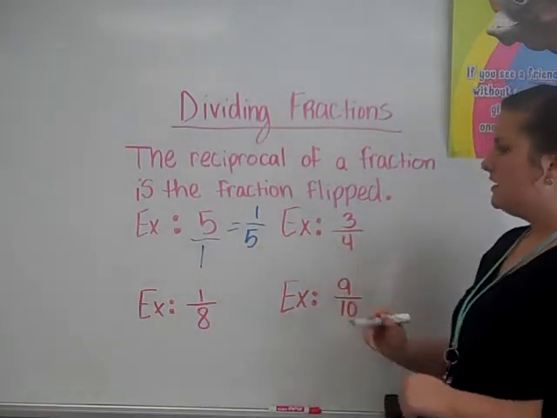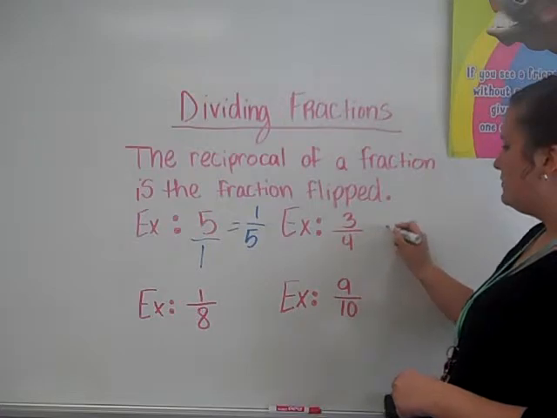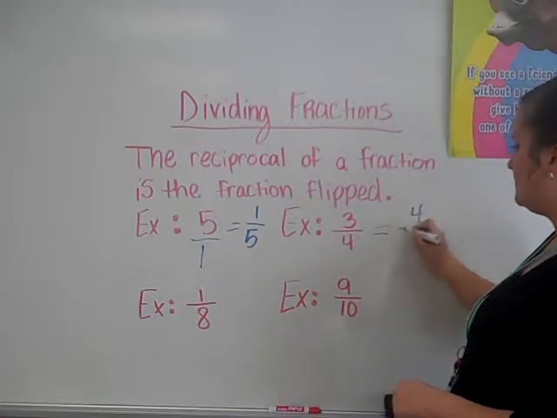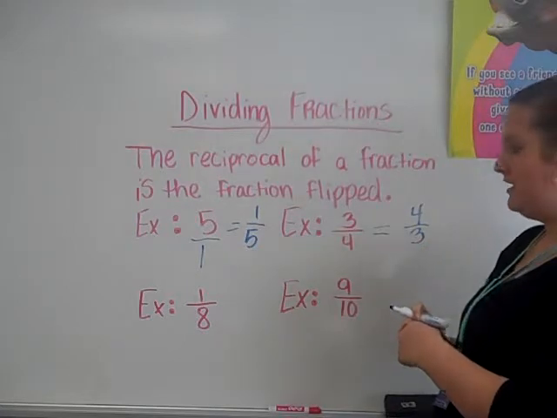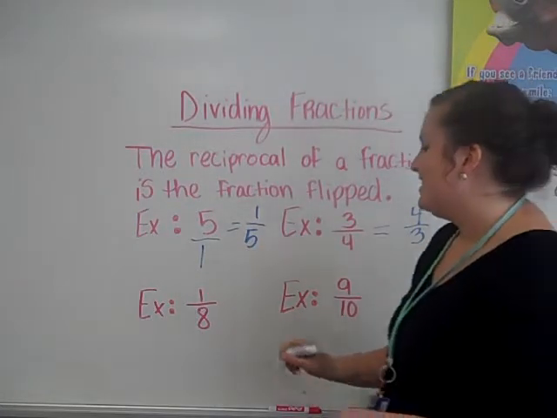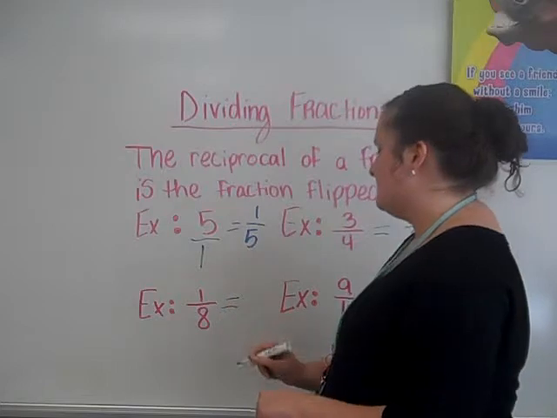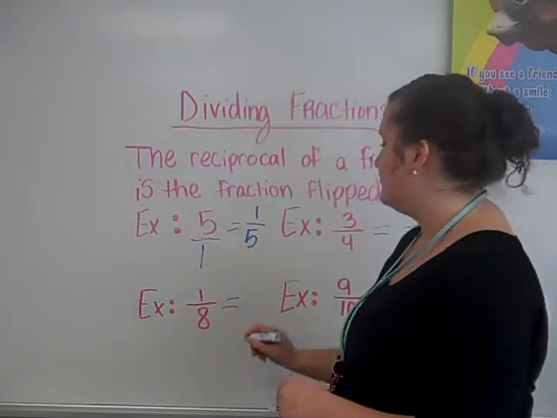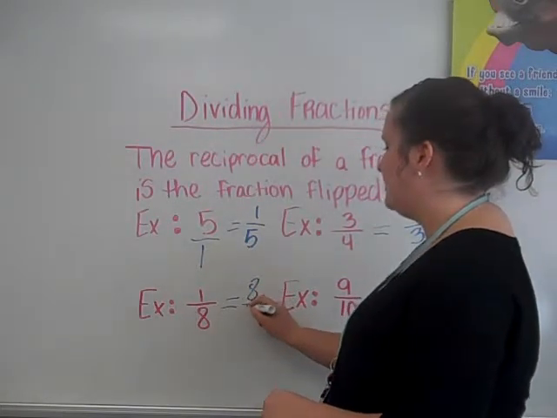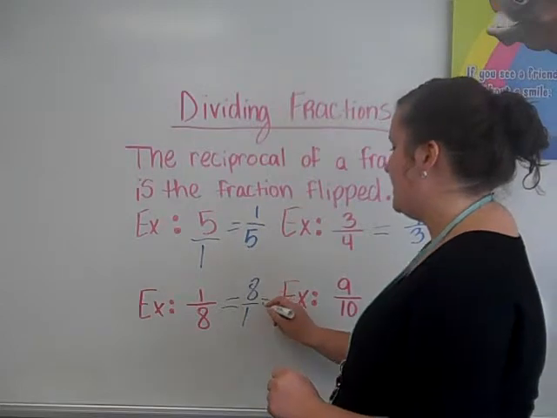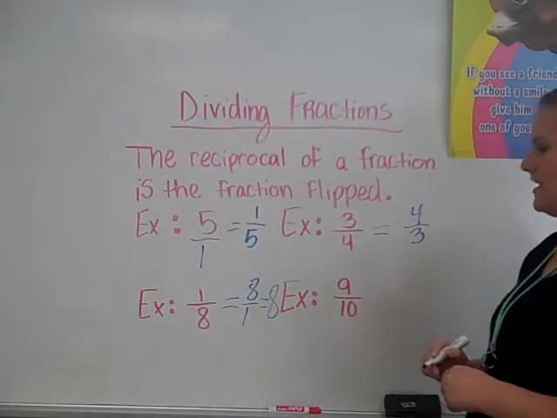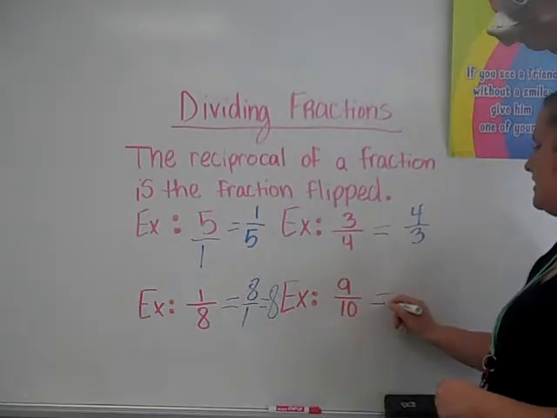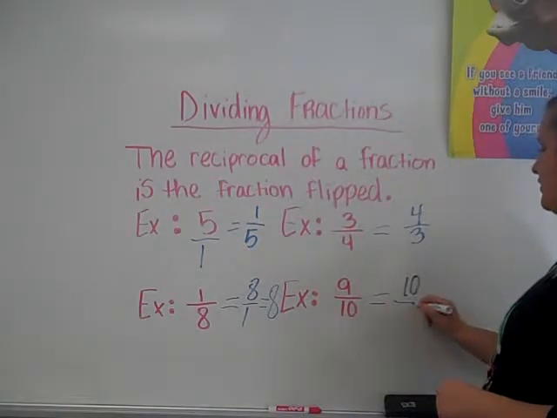Example 2. The reciprocal of 3/4 would just be 4/3. We're just flipping the numerator and the denominator. For example, the next one, 1/8 would just be 8/1, which we know is the same thing as 8. And for our last example, it is going to be 10/9.